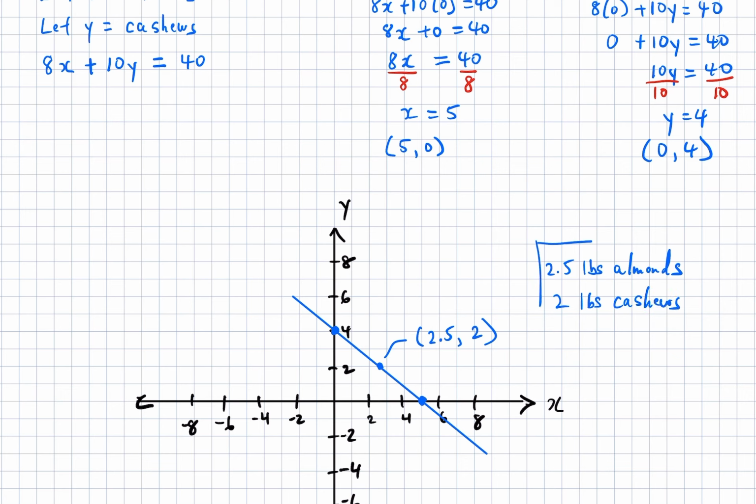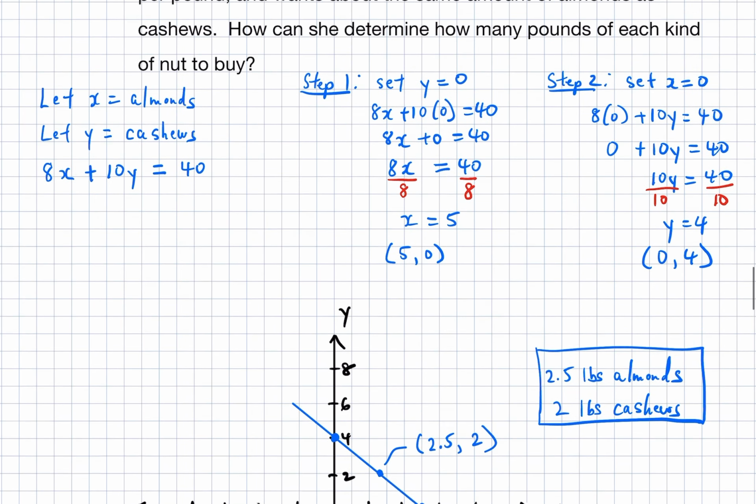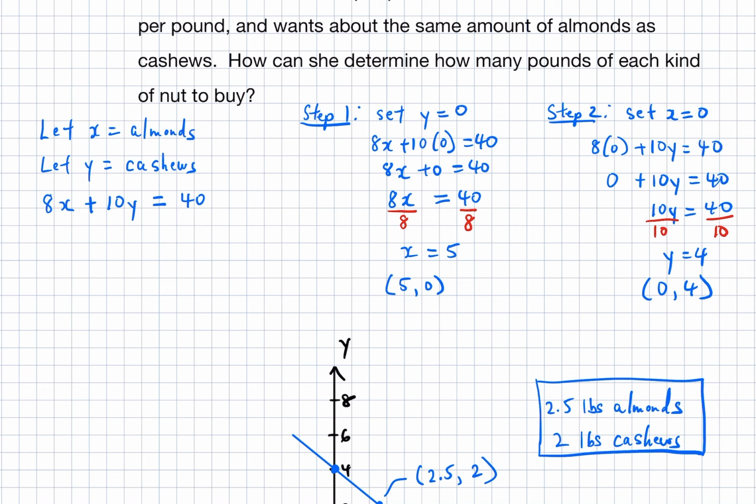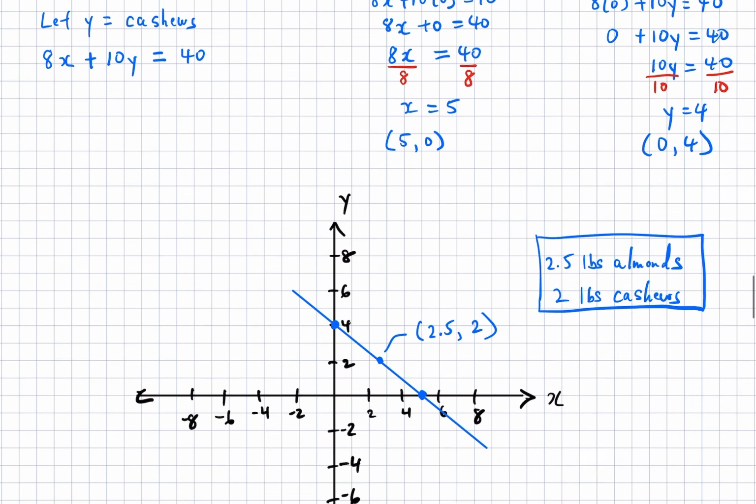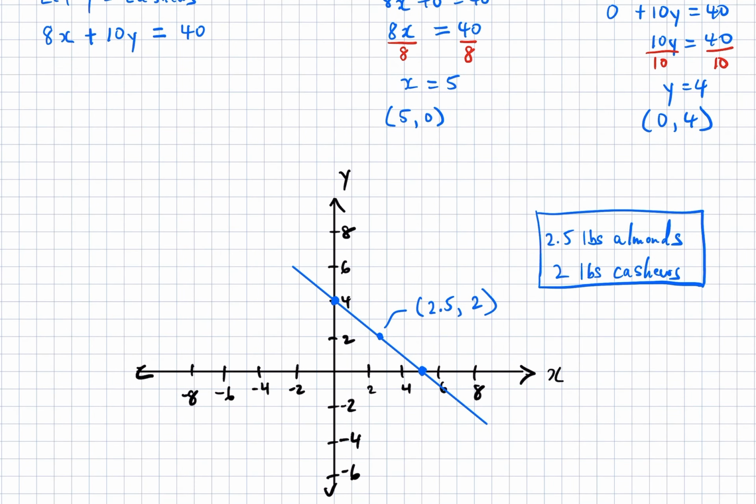And this will be roughly our mixture for Evelyn to achieve the same amount of almonds as cashews. So that is how you do that problem.